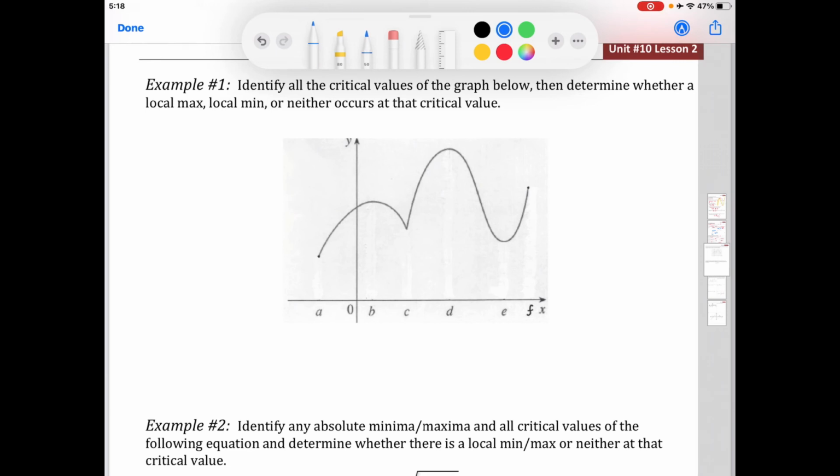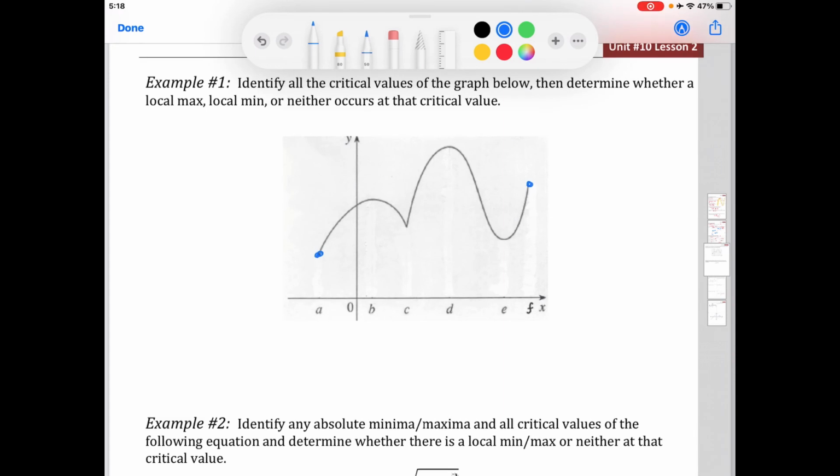So here a graph is given to us, and if you look at f of a and at f of f, this is basically my absolute min because it is the lowest point on the graph, right? But this cannot be an absolute max because this is not the highest point on the graph.